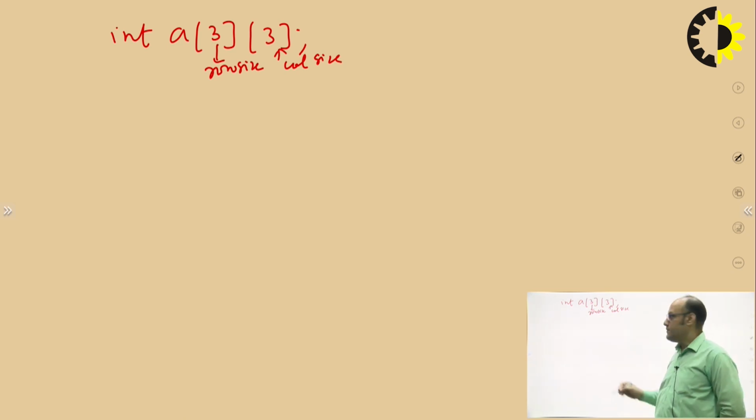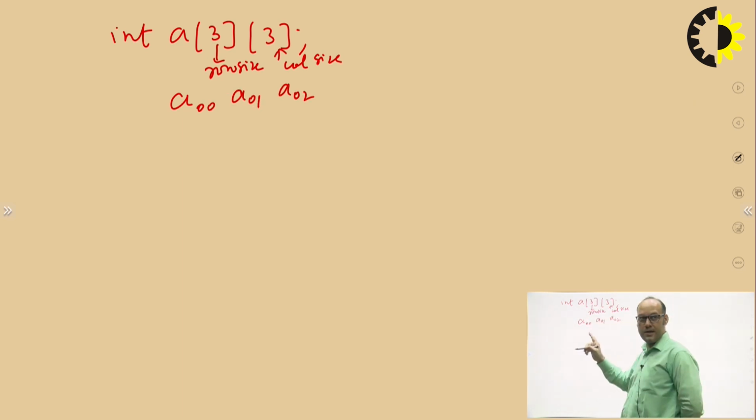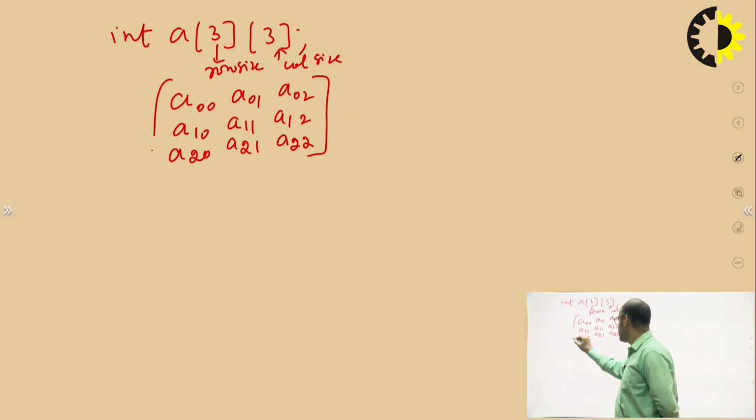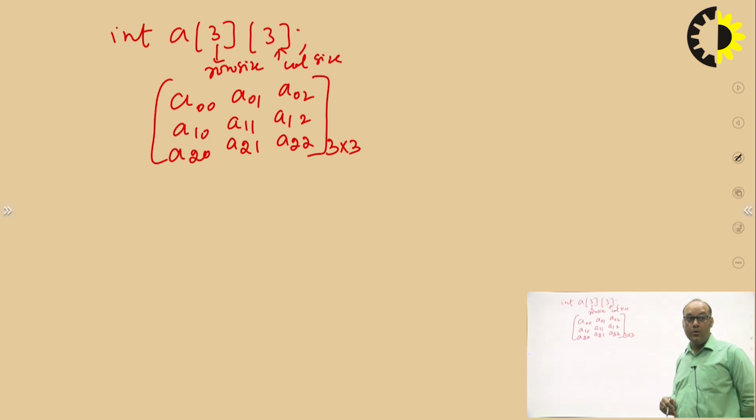Then how will elements be allocated in memory? Like this: A00, A01, A02, keeping in mind the matrix representation, A10, A11, A12, A20, A21, A22. This is how this 2D matrix will be represented. But how will this be allocated in computer memory?